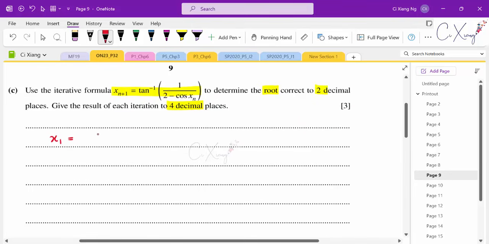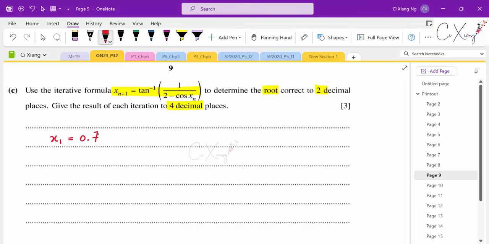Like 0.6 and 0.8, maybe I will take the middle value, which is 0.7. It is not wrong if you want to take 0.6, and also not wrong if you want to take 0.8 or any other value. But usually we prefer to take the initial value close to the root, close to the final answer, so that your iteration won't be too long.